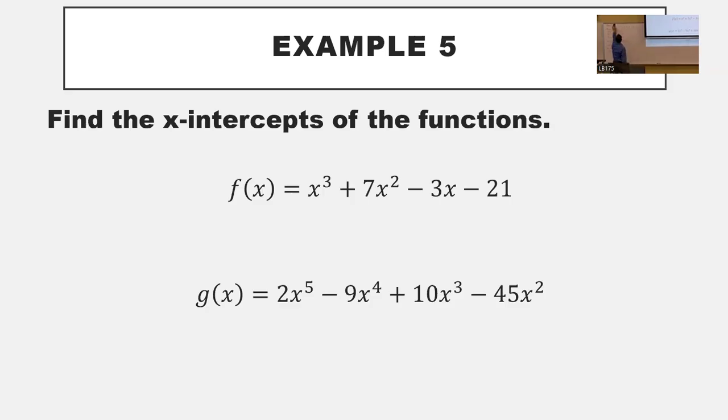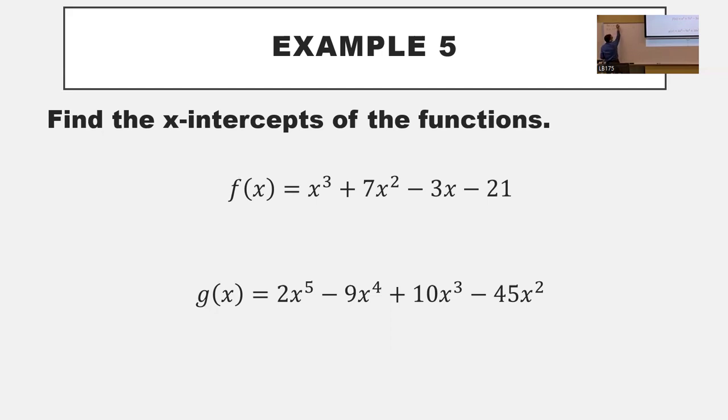Here we have a function f of x with 4 terms, all of which are unique, so there are no like terms there. And we'll get the same thing with g of x. We'll have a function with 4 terms where none of them are like terms.